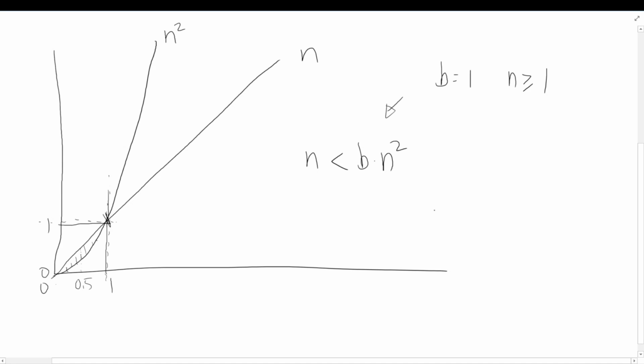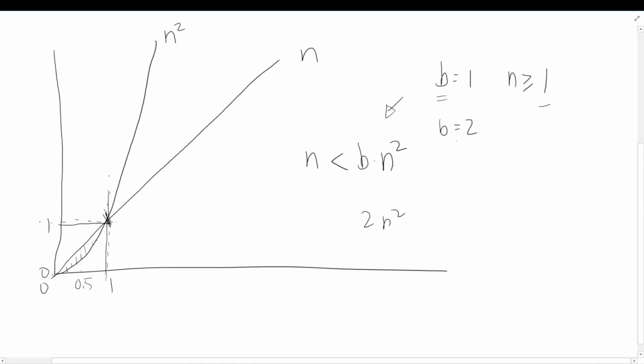Okay, but what our definition said is that for any b, we should be able to find this crossover point. So what b could we pick? Now here I'm going to do something that is our intuition. Normally we want to make b bigger, but in a second I'm going to make it smaller because that's actually the trickier dimension. If we change b to 2, we're now talking about 2n squared.